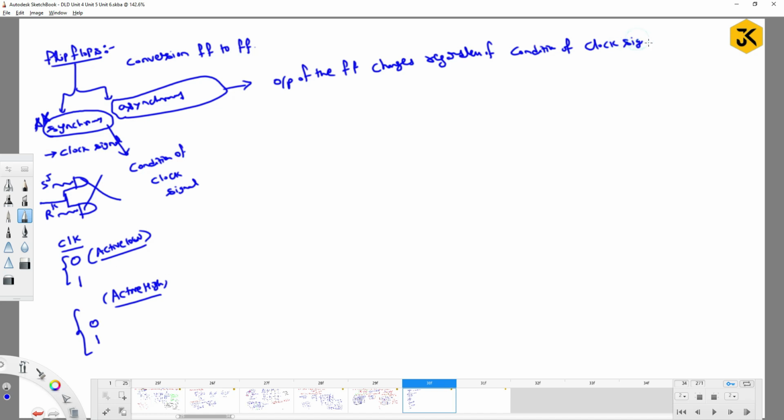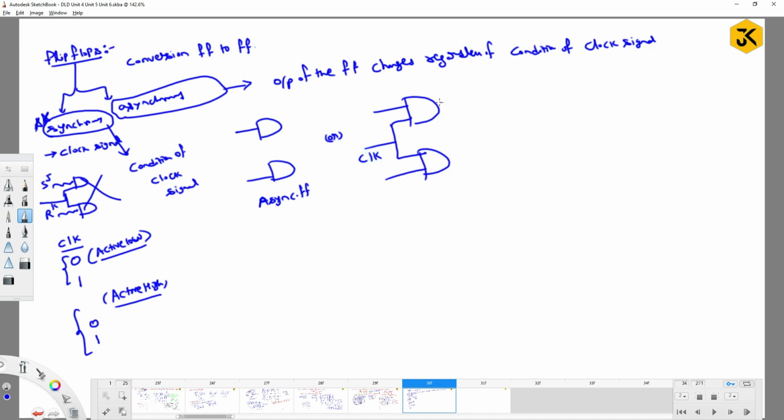That is what asynchronous flip-flops are. In the earlier class itself, I gave the definition: if the inputs are not controlled by any kind of clock signal, then I can call them asynchronous flip-flops.